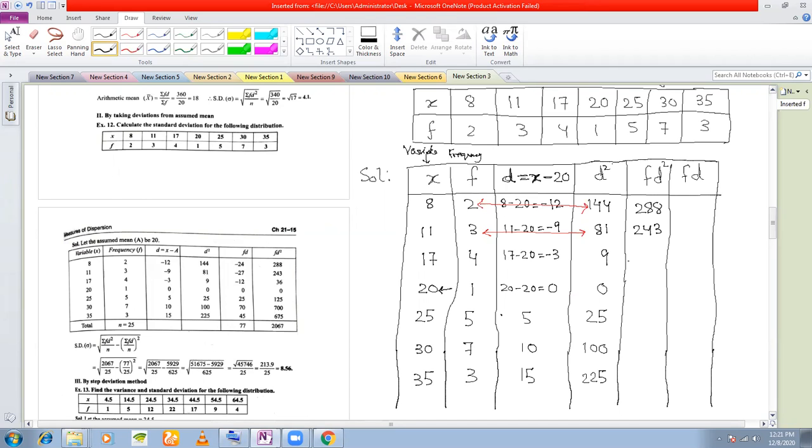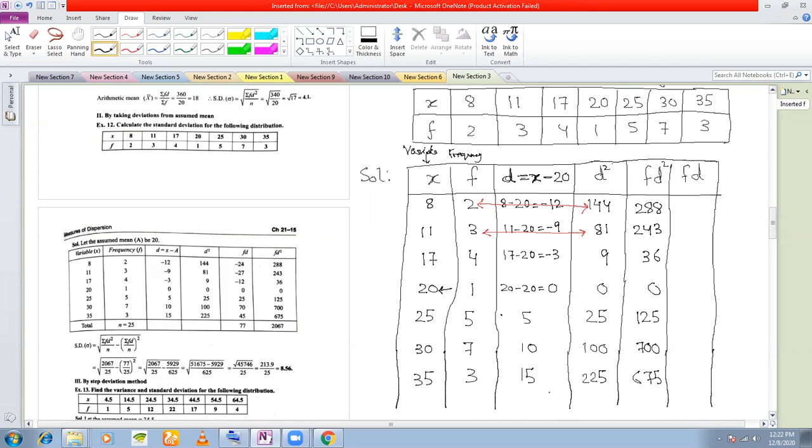Next, 4 into 9 is 36. 1 into 0 is 0. 5 into 25 is 125. 100 into 7 is 700. And 225 into 3 is 675.